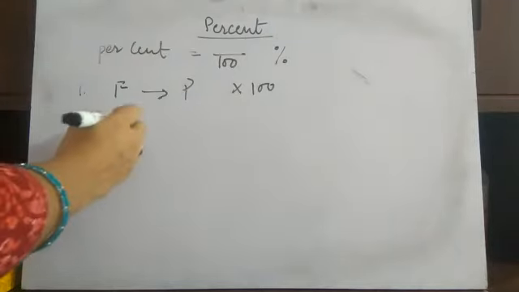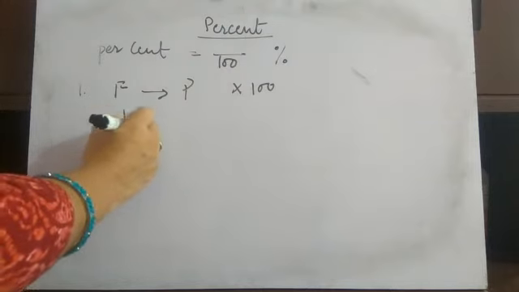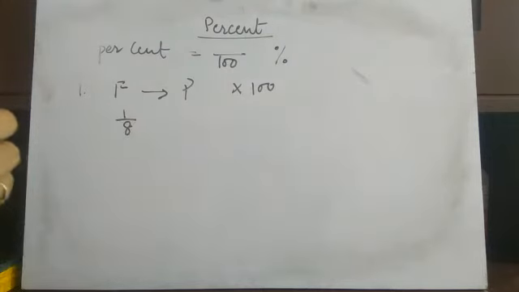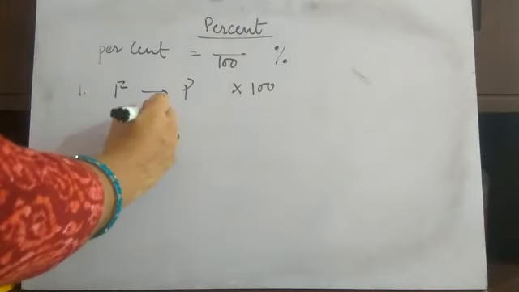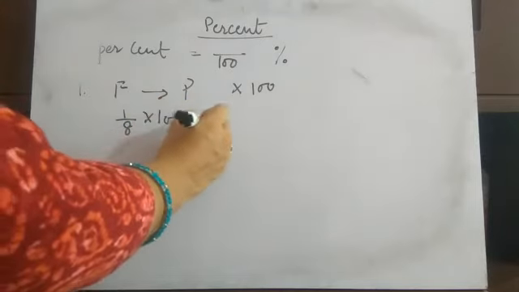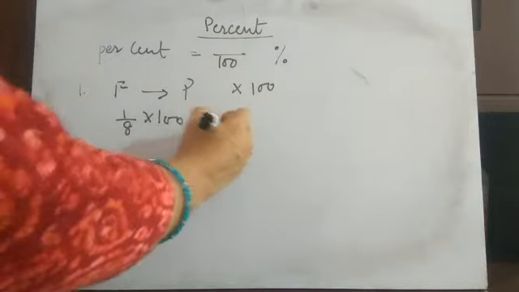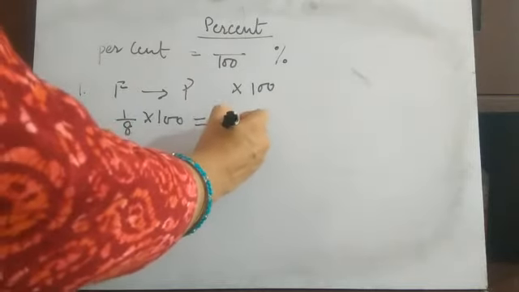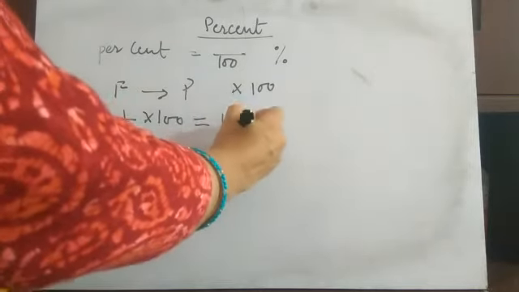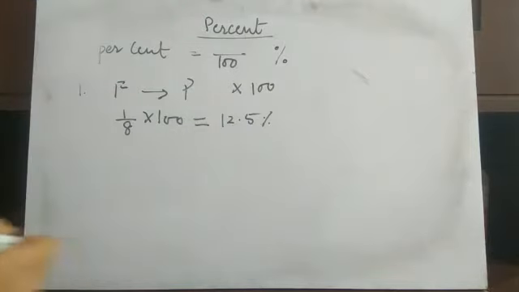I'll take an example. Suppose we have to convert 1 by 8 into percent. We multiply 1 by 8 by 100, and you will get 8 ones are 8, 20, 8 twos are 16, 4 is left, 12.5%.